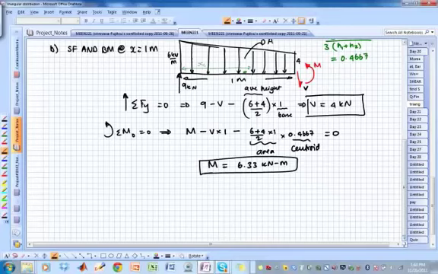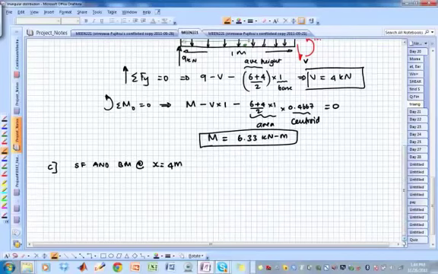Now let's look at part C, which is to find shear force and bending moment at x equal to 4 meters. Let's draw the free body diagram again.